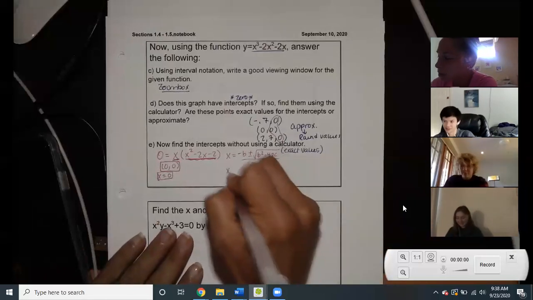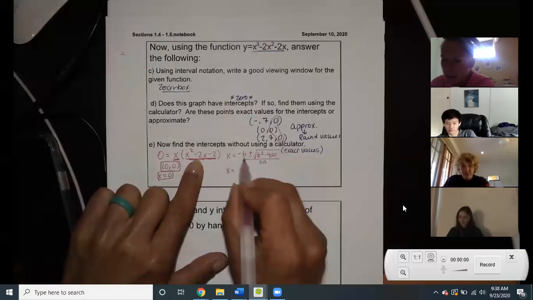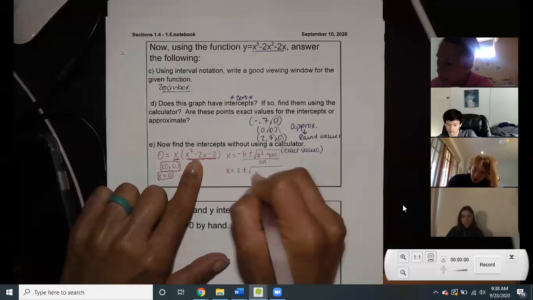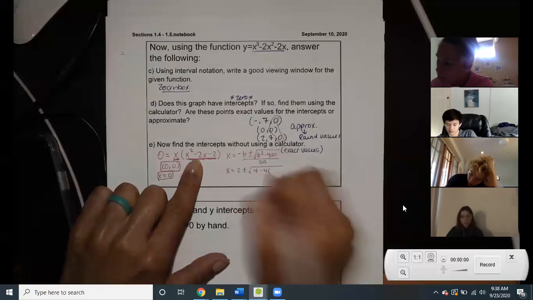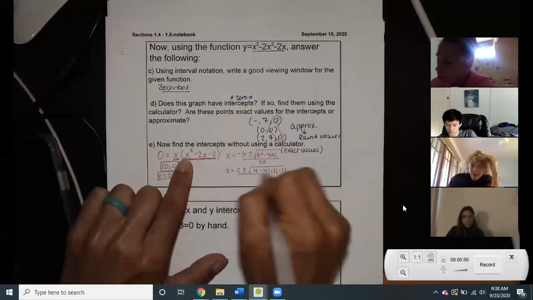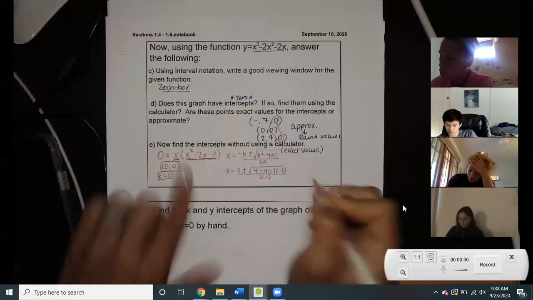So I'm going to go ahead and plug my values in. The opposite of b, or negative b, is going to be 2 plus or minus negative 2 squared is 4, and then minus 4 times 1 times negative 2, all over 2 times 1.